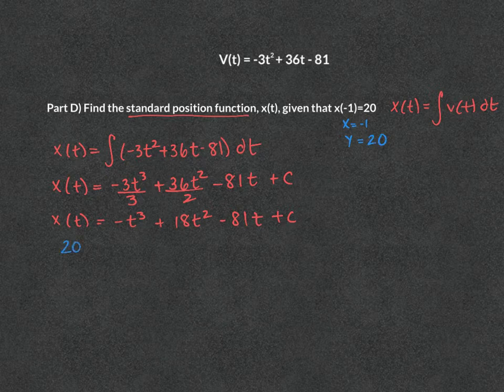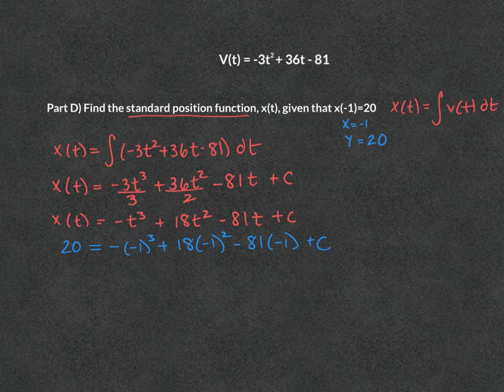So 20 equals negative 1 to the third plus 18 times negative 1 squared minus 81 times negative 1 plus c. So take a minute, catch up with the writing, plug all of this into the calculator, and then hit resume when you're ready for the answer.